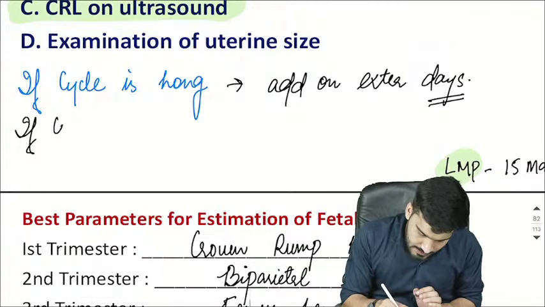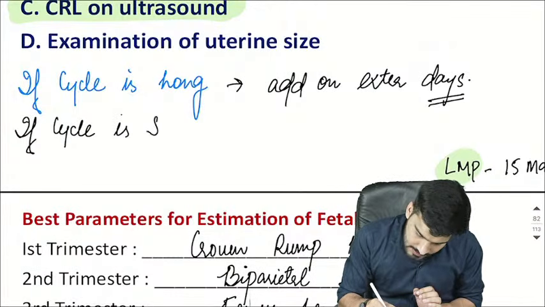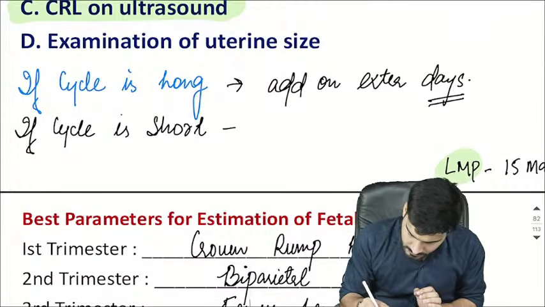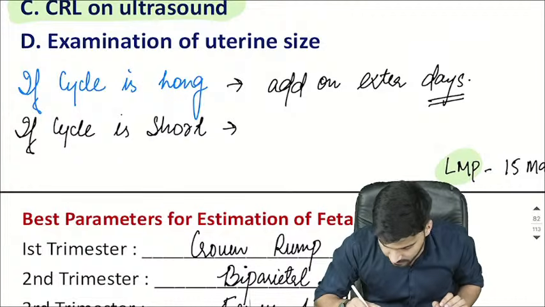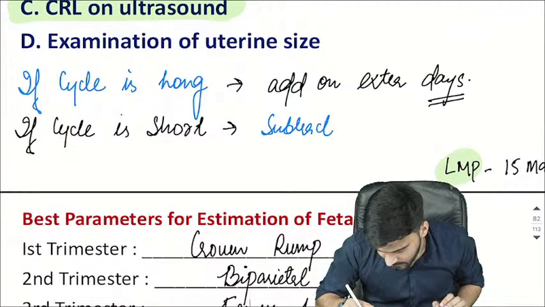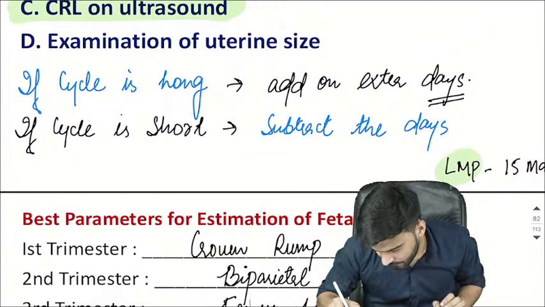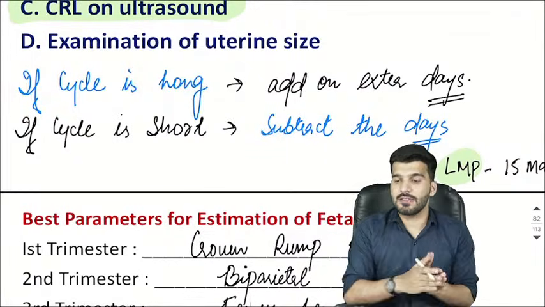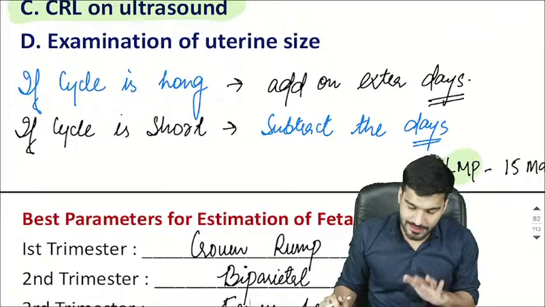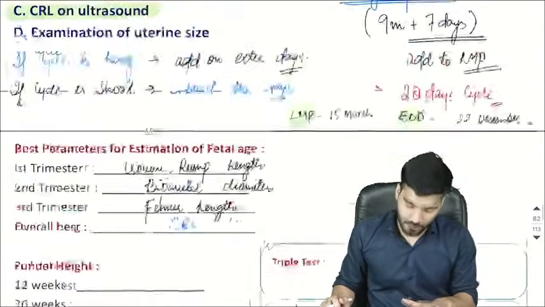If cycle is short, subtract the days. If it is 25 days, then 9 months plus 7 days minus 3 days. Clear? So that is about Naegele's formula.